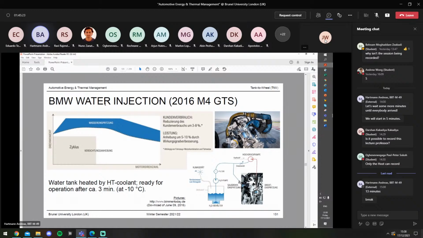Can you maybe better explain? Is it to lower the temperature of the cylinder?